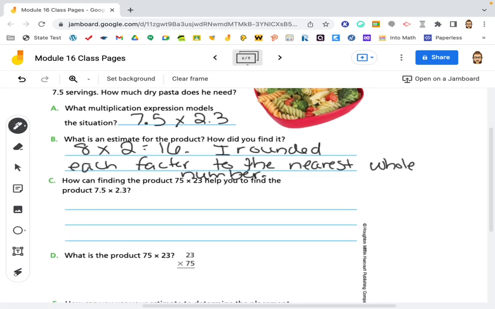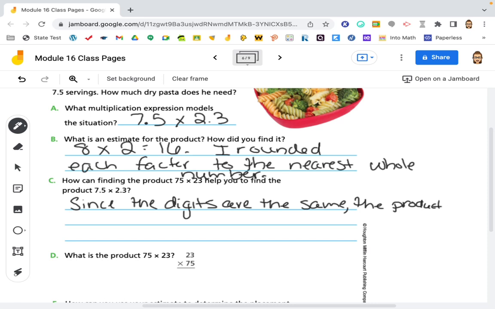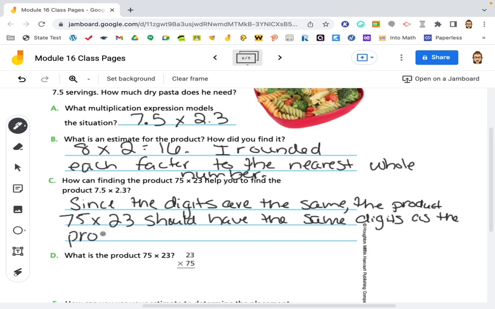Well, since the digits are the same, the product of 75 times 23 should have the same digits as the product of 7 5/10 times 2 3/10.